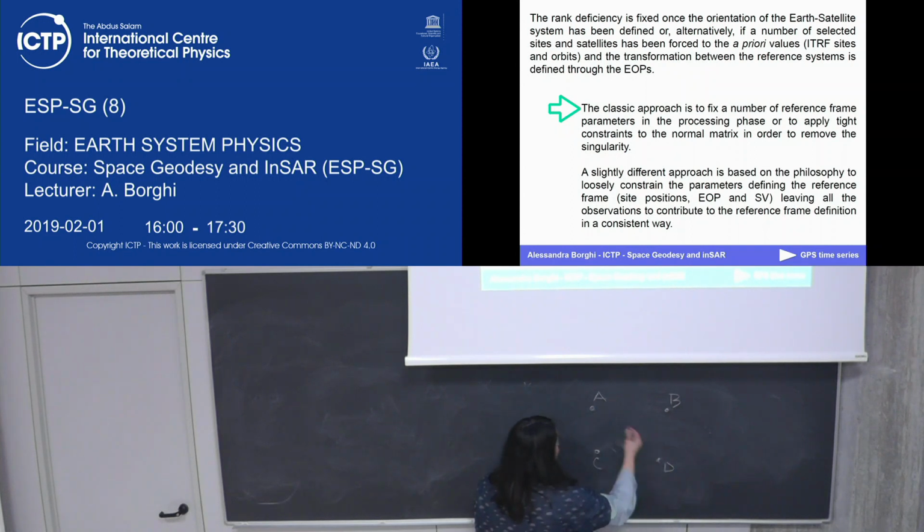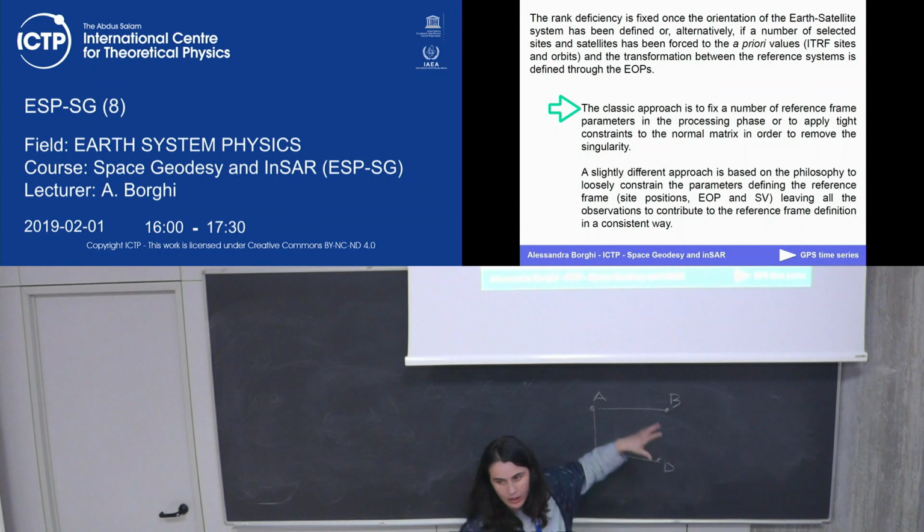If you have a network of 4 points and we have computed by scientific software these baselines, and we know the components of these baselines, now we want to know the coordinates of these 4 points. We have a problem because we have 3 equations for each component: 3 for x, 3 for y, 3 for z.